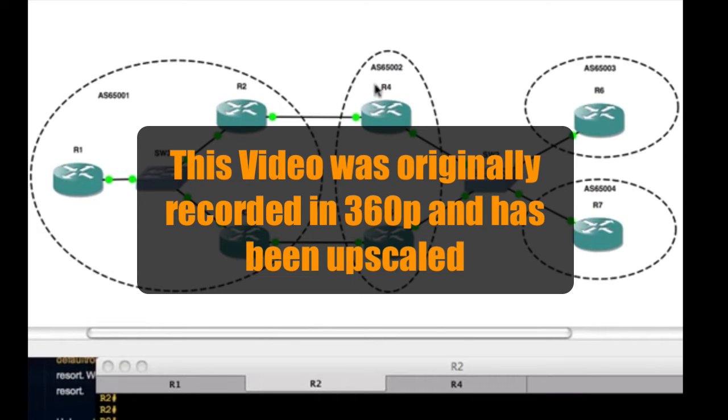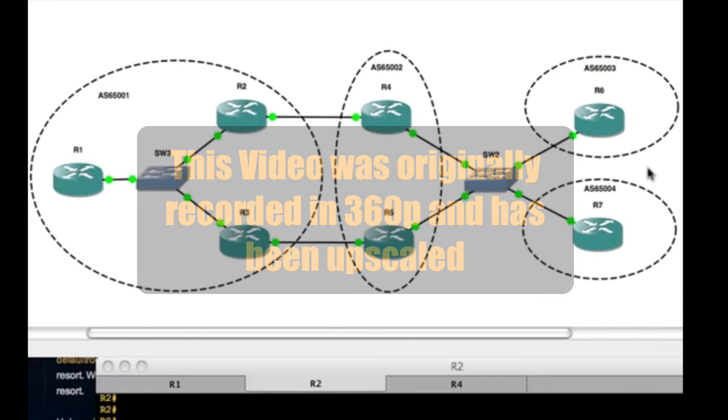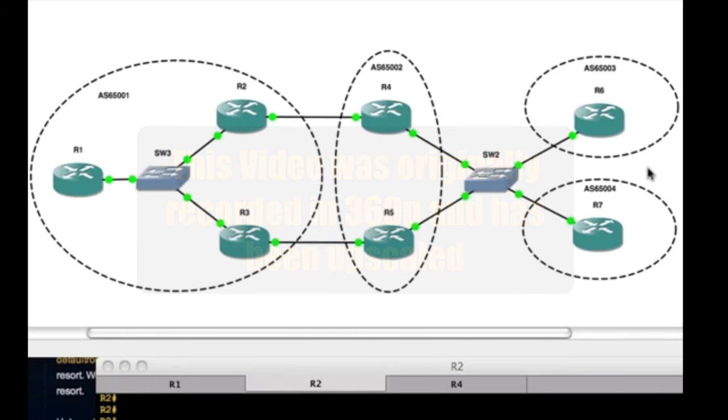We do conditional advertisements, we do non-exist maps, we do default route and originate, and we do route manipulation using things like origin and AS path length and all that good stuff. But for today we're just going to be discussing basic iBGP configuration, and we'll take it from there.